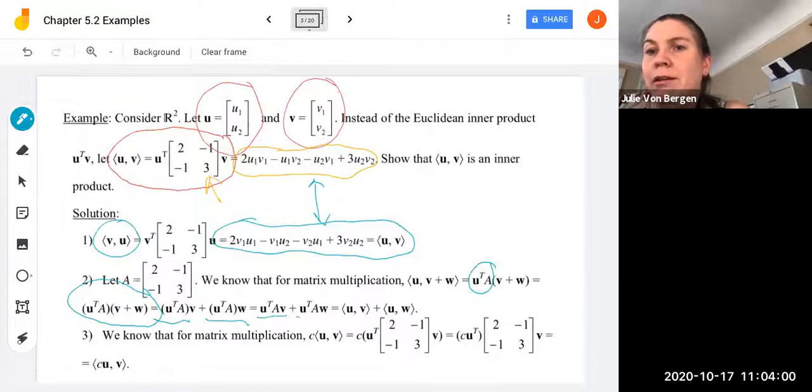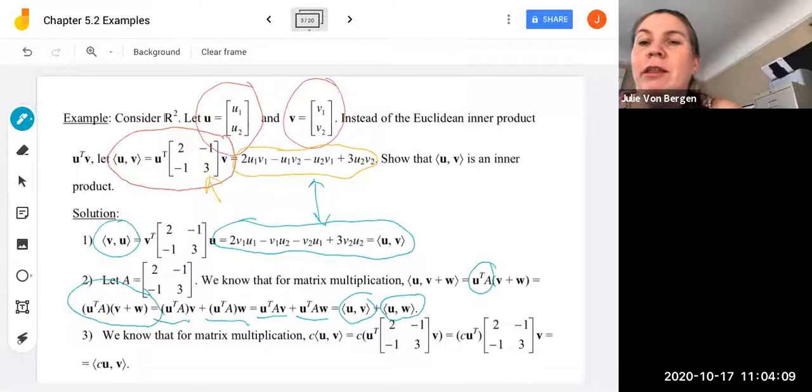That gives us the inner product of U and V plus the inner product of U and W. So we have shown that property 2, the distributive property, holds.